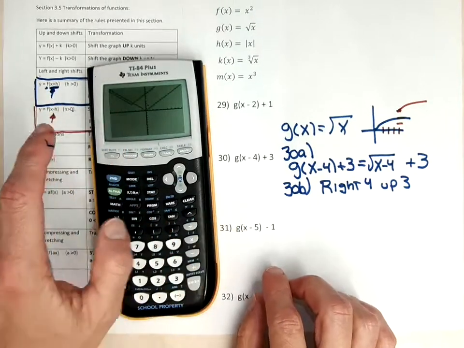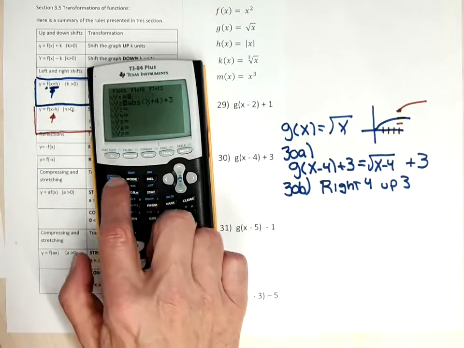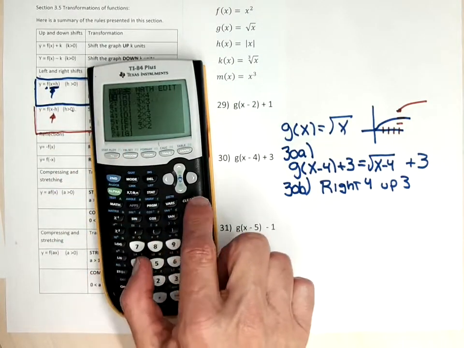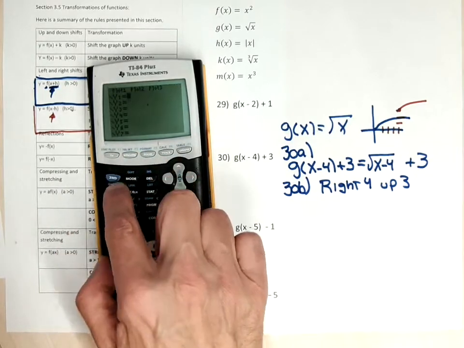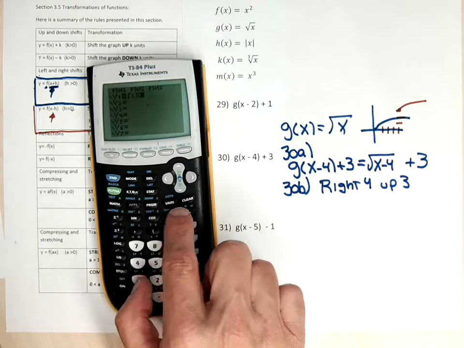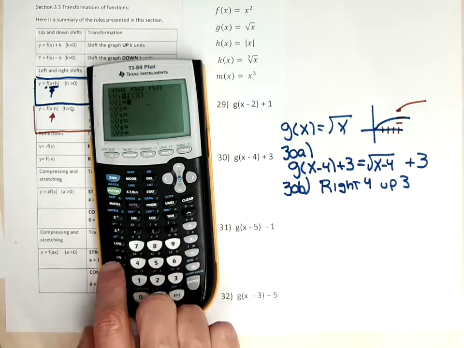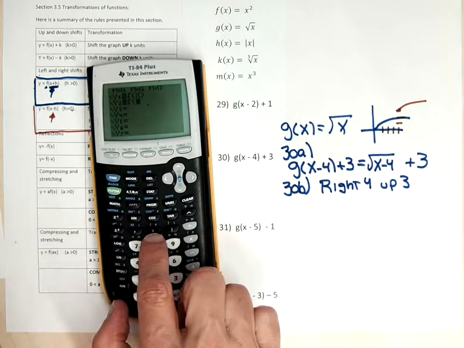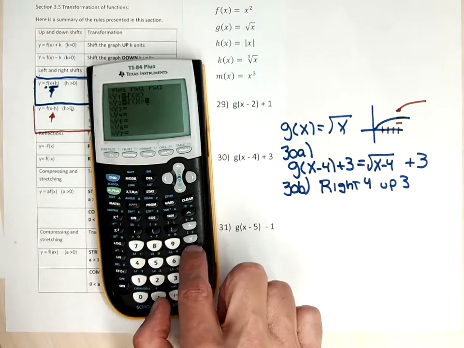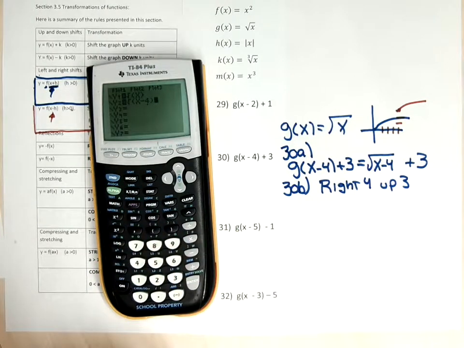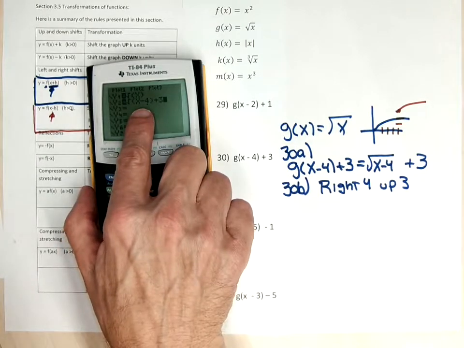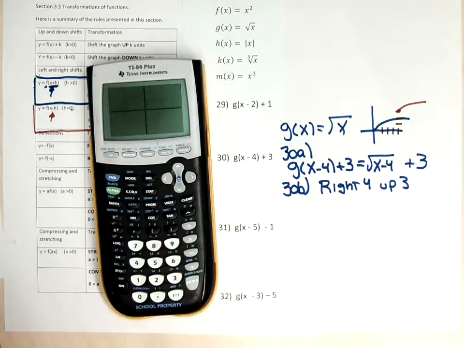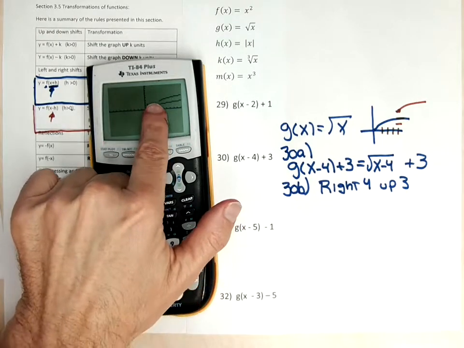So if I took the original function that was given to me, which is the second square root of x, put that in y1, and in y2 do second square root of x minus 4 in a parentheses to make the minus 4 under the radical, and plus 3. That minus 4 part under the radical moves it right, the plus 3 moves it up. There's the initial square root of x, and there's the graph moved over 4 and up 3.